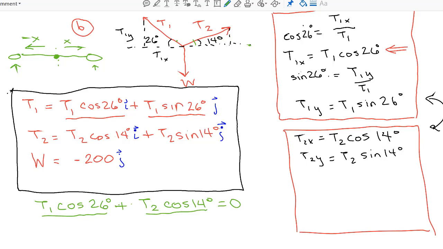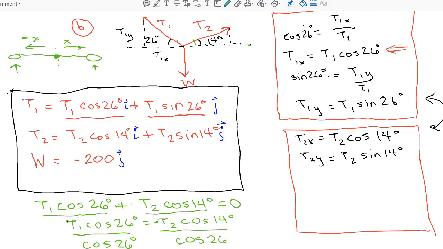So I just want to set them equal to each other. T1 cosine of 26 degrees is actually going to equal T2 cosine of 14 degrees. Okay. I'm going to divide both sides here by cosine of 26 degrees.